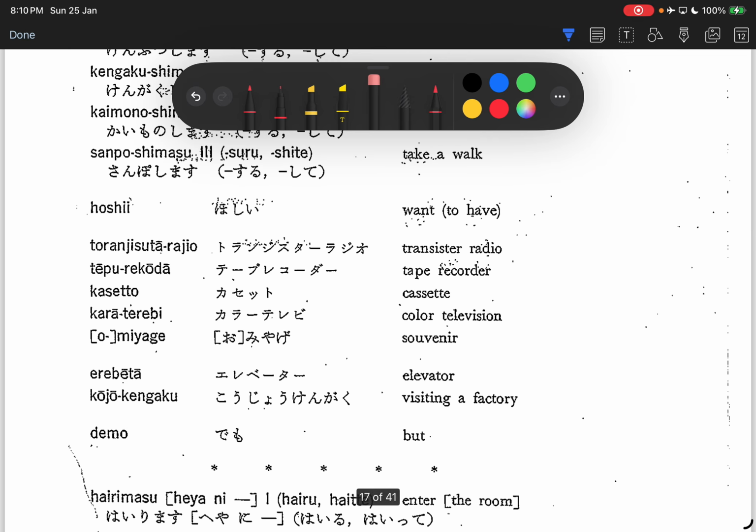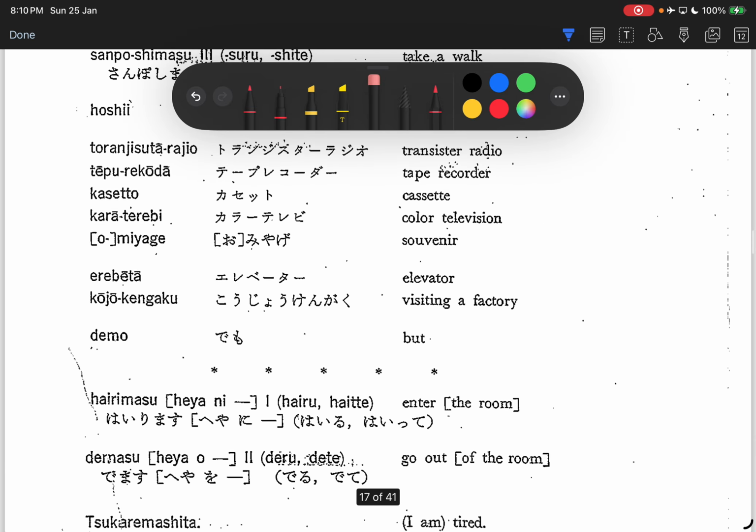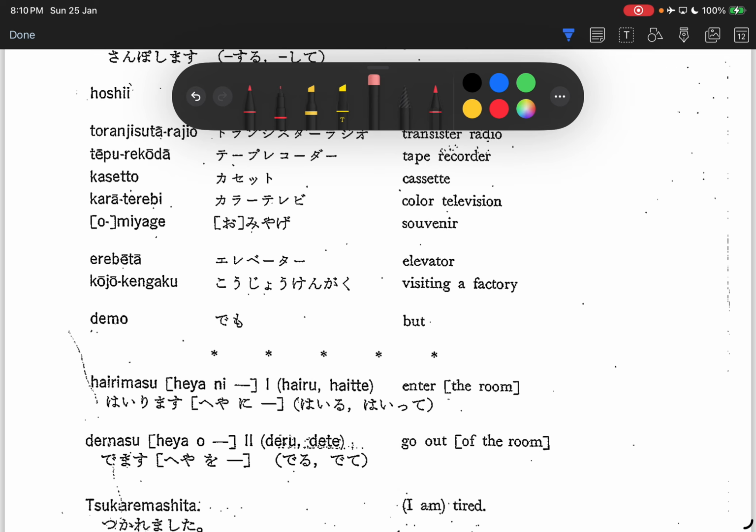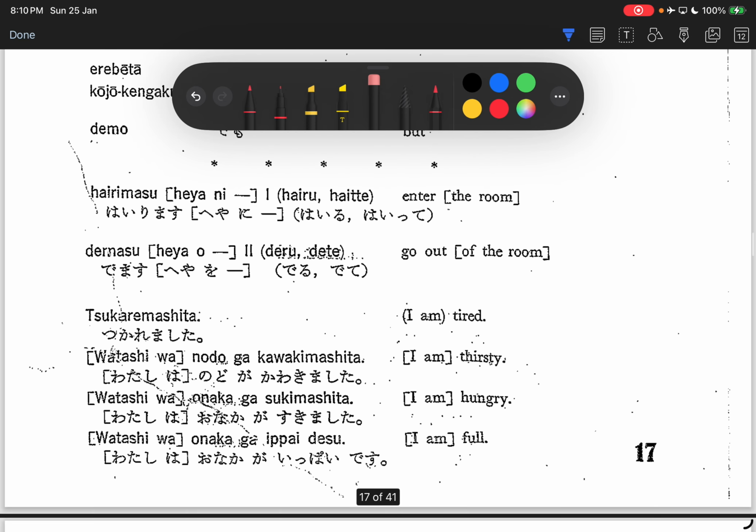Next, 欲しい。トランジスタラジオ。テープレコーダー。カセット。カラーテレビ。お土産。エレベーター。工場見学。でも。入ります。So 入ります means to enter something.